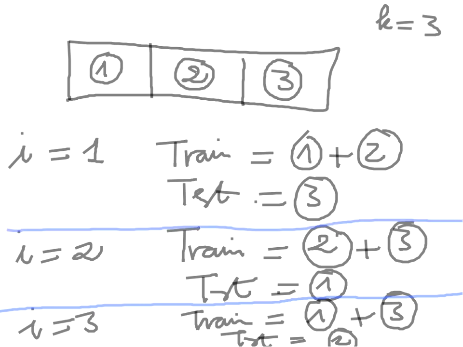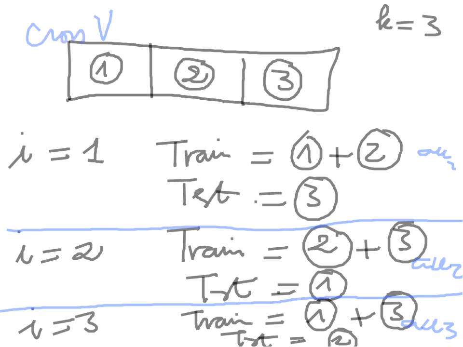For each iteration, I will calculate the accuracy of our model: accuracy number 1, accuracy number 2, accuracy number 3. After that, I will calculate the mean of all the accuracies.